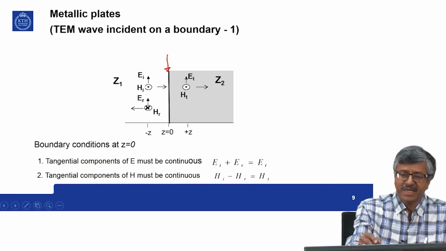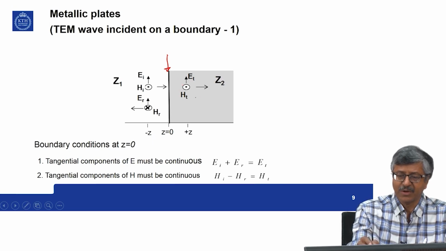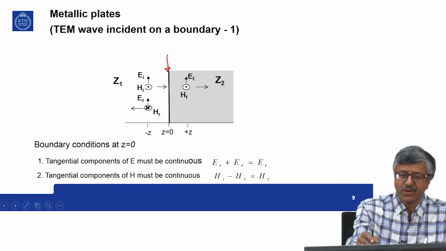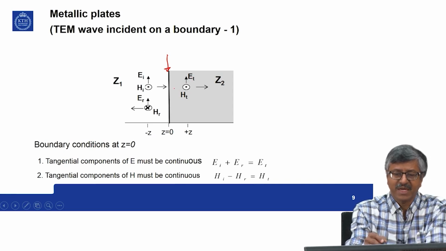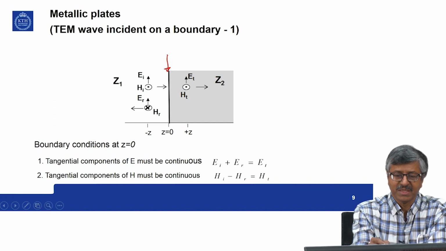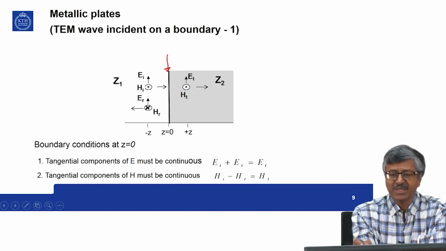Then inside this enclosure, we assume a certain direction for ET. T means transmitted, I means incidence, R means reflected. So, this has got an impedance Z2.